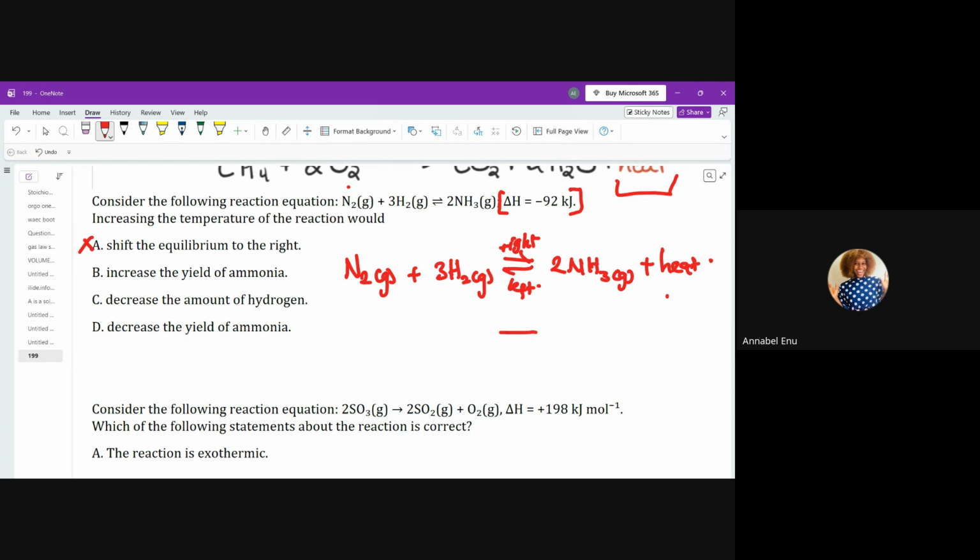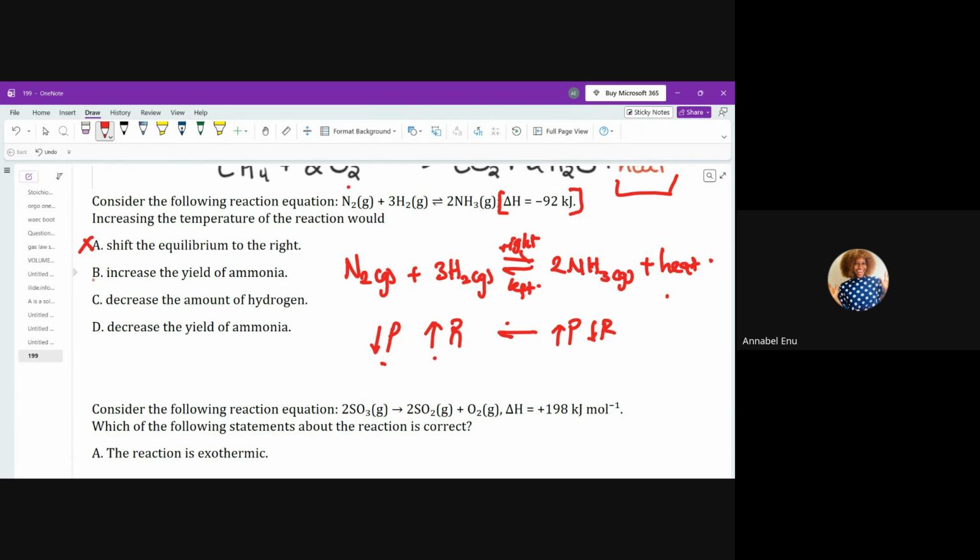So when we are moving towards the left, more of reactant is formed and less of product is favored. And in the right, more of product is favored and less of reactant is favored. Since it is going towards the left, what is favored here is more of reactant and less of product.